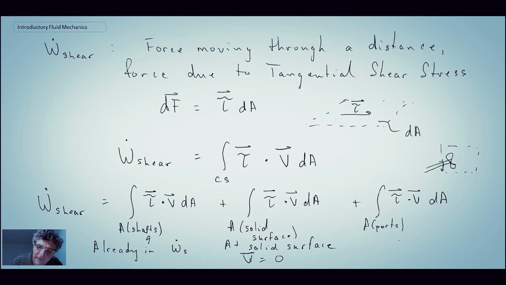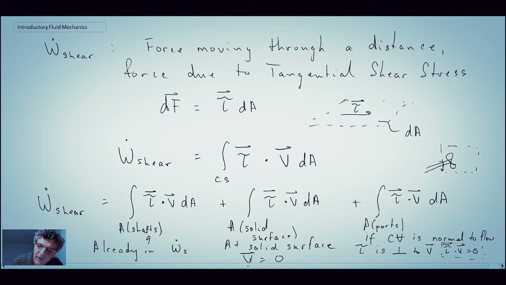And then finally we have the one for crossing at ports. If you create your control volume in a manner that the control volume is normal to the flow crossing that boundary, then tau is perpendicular to V, and if tau dot V are perpendicular, that will equal 0.